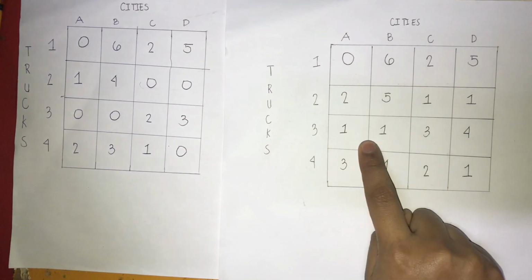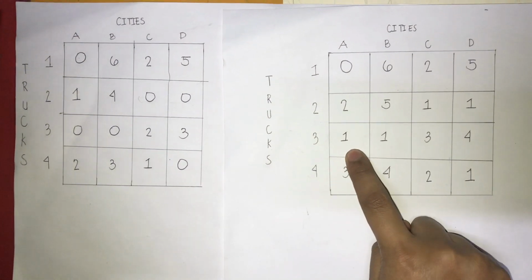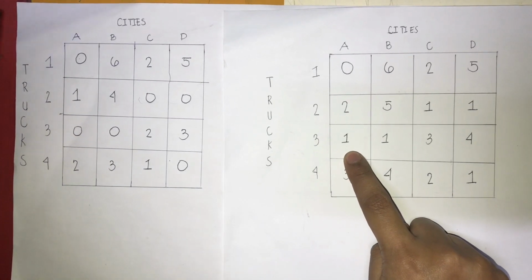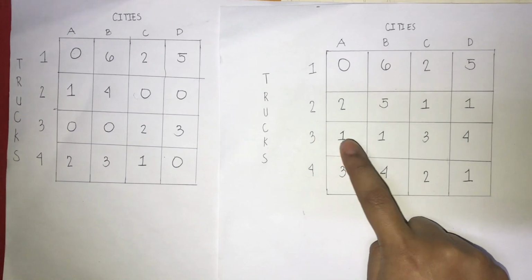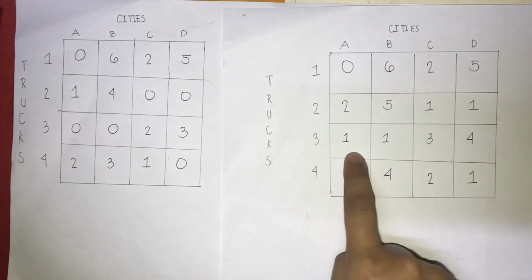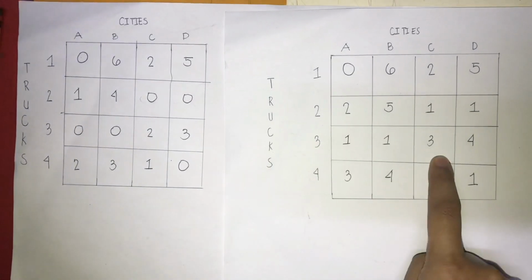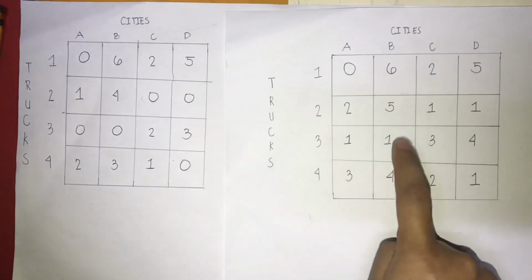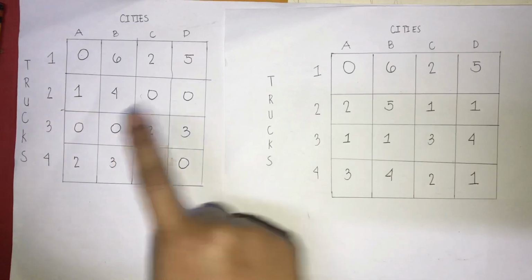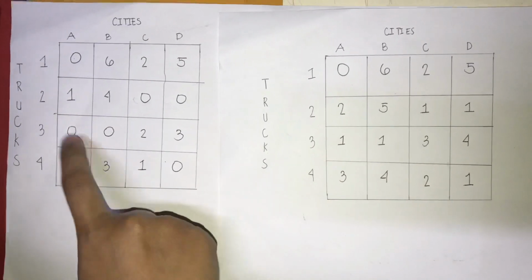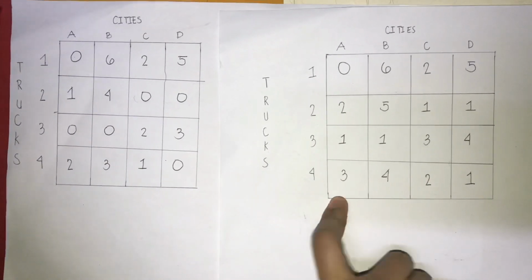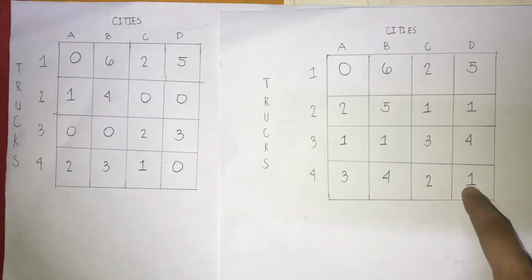Column 3. 1 gihapon ang minimum element and isubtract nato siya sa other elements. 4 minus 1 equals 3. 3 minus 1 equals 2. 1 minus 1 equals 0 and 1 minus 1 is 0. Same gihapon sa column 4 nga 1 ang minimum element.